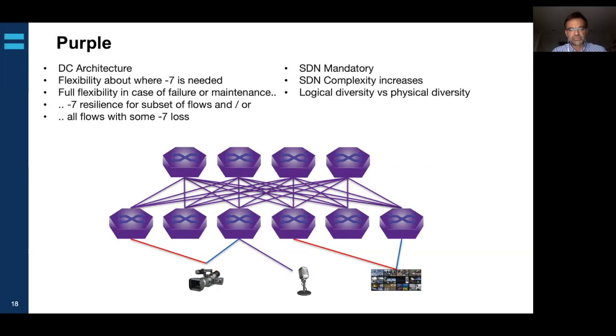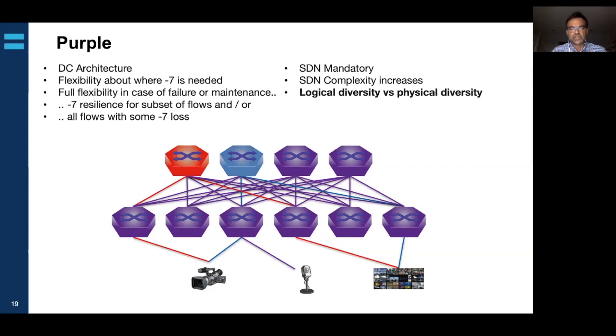They still have red and blue flows, but if you arm yourself with an orchestrator or an SDN controller that understands your network and understands the need for diversity, then potentially you can build a network that looks like this, a converged purple network, where you don't allocate those roles in the network. They're allocated virtually. So here, for example, that particular flow, let's say from the camera through to the multi-viewer, goes in and bounces through those two, the red and the blue that I've identified there. But they're not red and blue all the time. They're red and blue for that particular flow. They could be the other way around for a different flow.